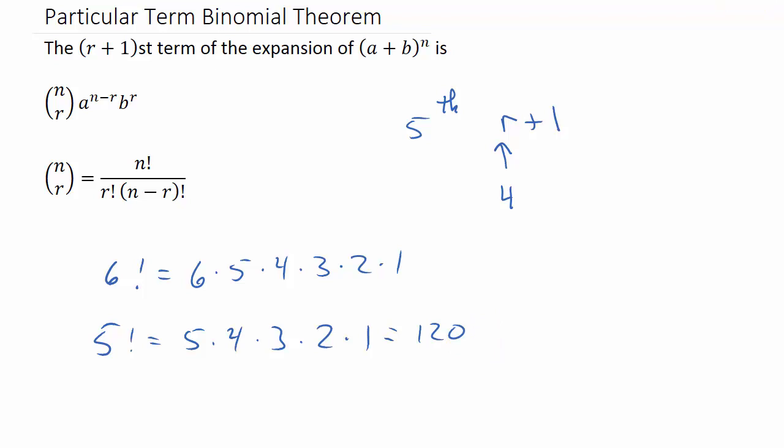Whatever n is and whatever r is, you just plug it into the formula. The other option is to punch it into your calculator. Scientific calculators have the combination button on there. You may have to hit another button to get to it. Like on my calculator, I have to hit my PRB button to get to combination.